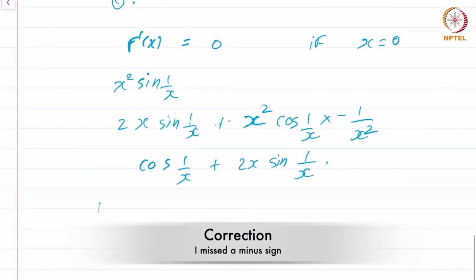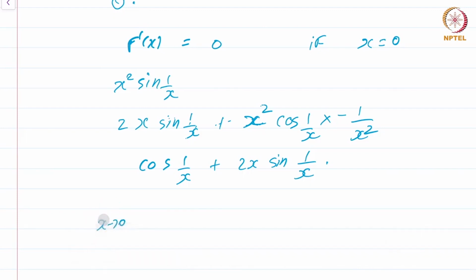Now let's take the limit as x goes to 0 of this. As x goes to 0, the second term vanishes.